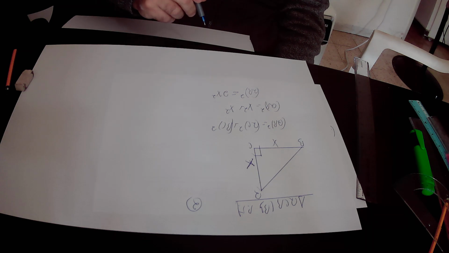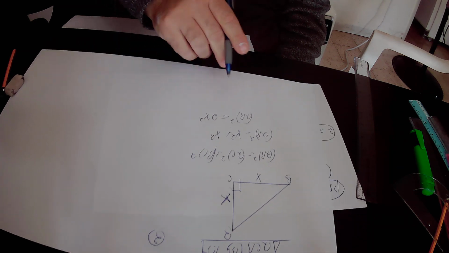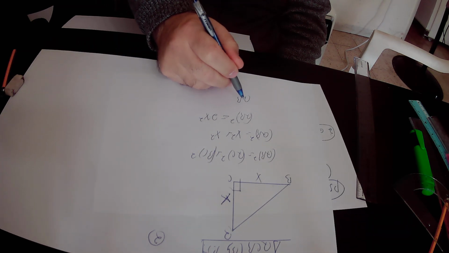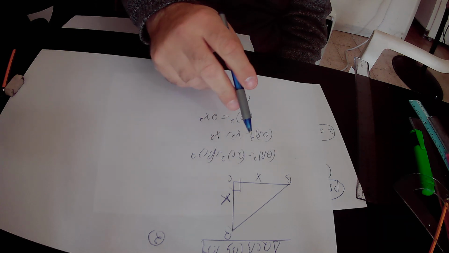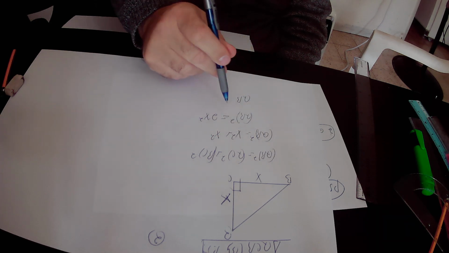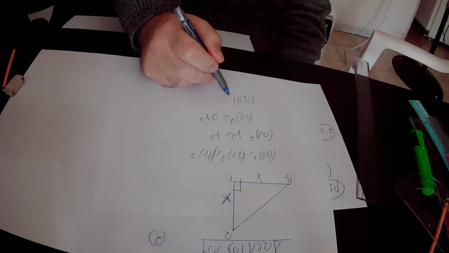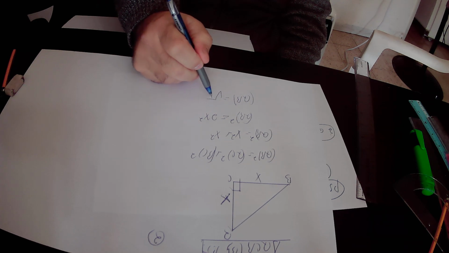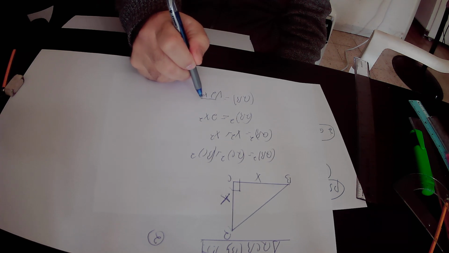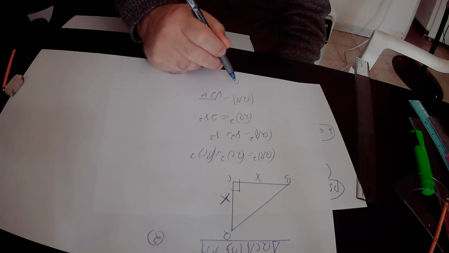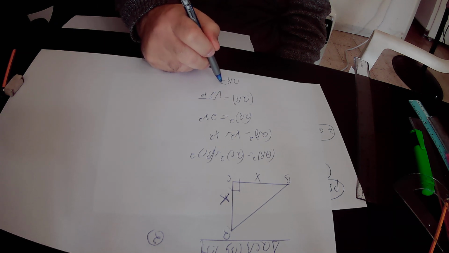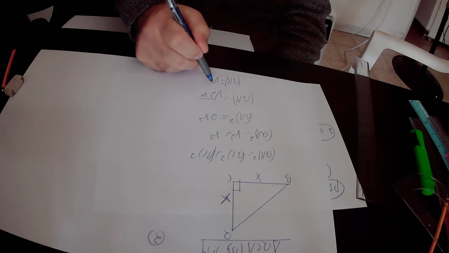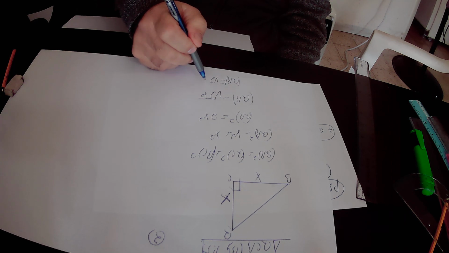Here we take a root out of this equation, and finally we get that QB, that is the length of the hypotenuse in the right triangle QCB, equals the square root of 2x square. So QB equals the square root of 2, and the square root of x square is x.